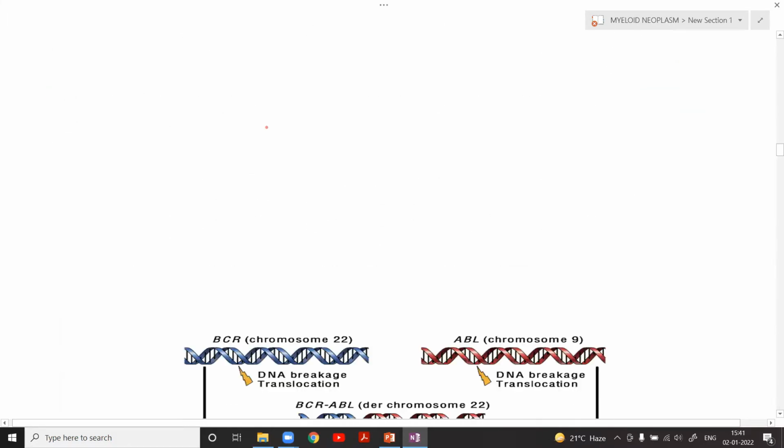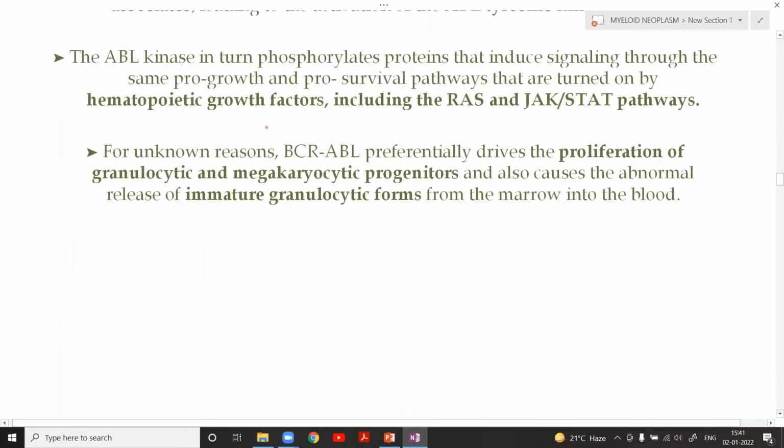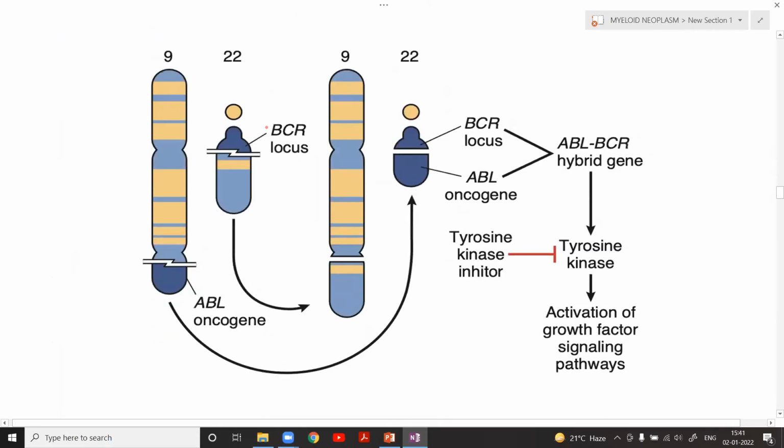So let us see. I will just show you one diagram. Can everyone appreciate this? On the chromosome number 22, we have a BCR locus. This is the BCR locus, as we can appreciate. And on the chromosome number 9, we are having the ABL oncogene.